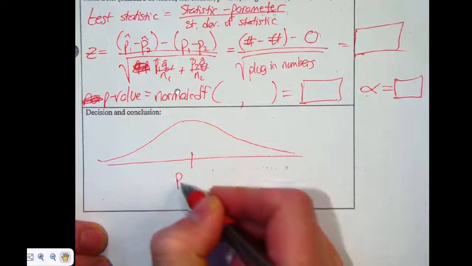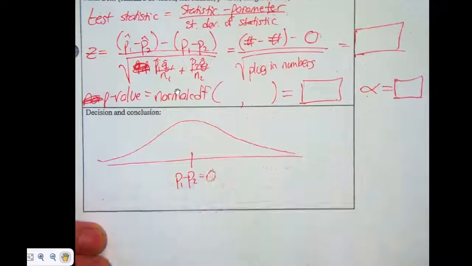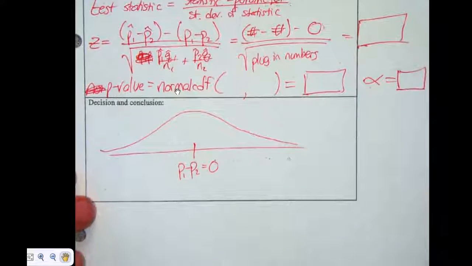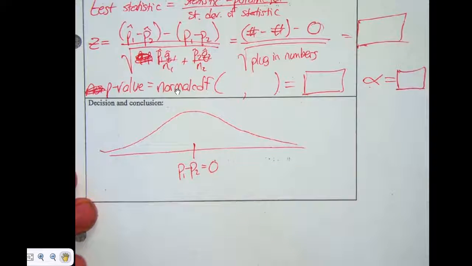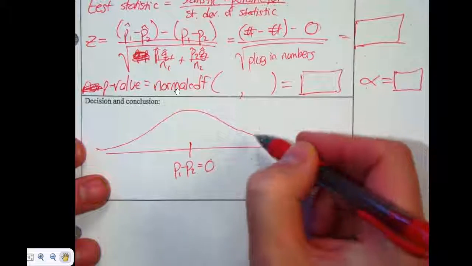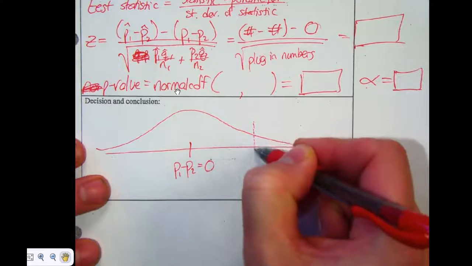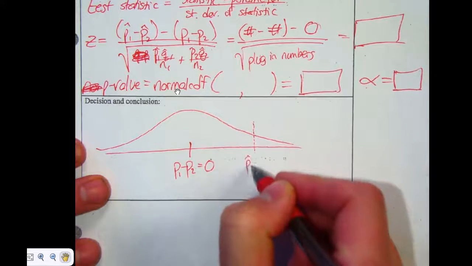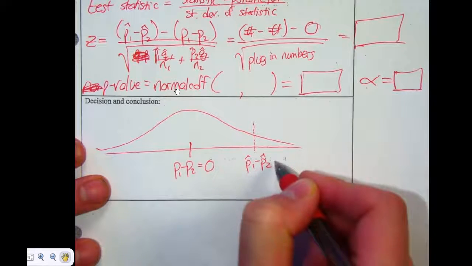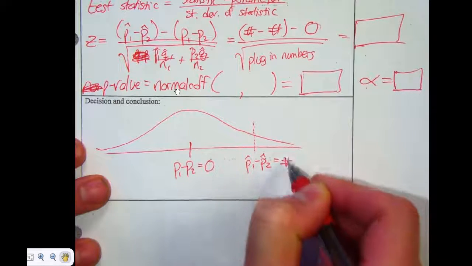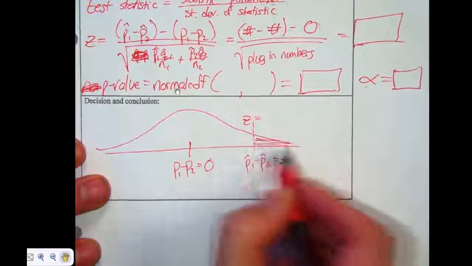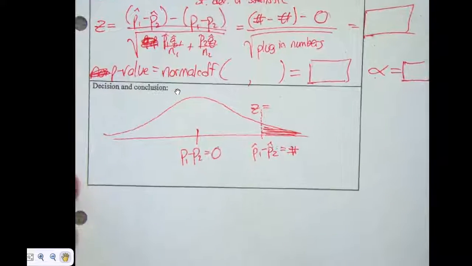In the middle, you put P1 minus P2 equals 0. It's the 0 we're really after there. And then I'll just pretend it's a greater than test. So over here I would put Z and shade this little section. And if it's two-tailed, you gotta do both.